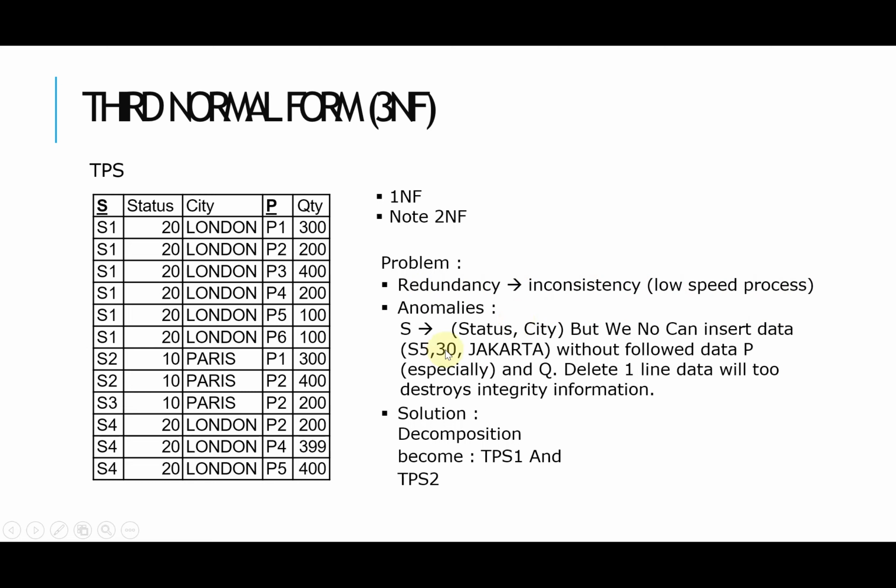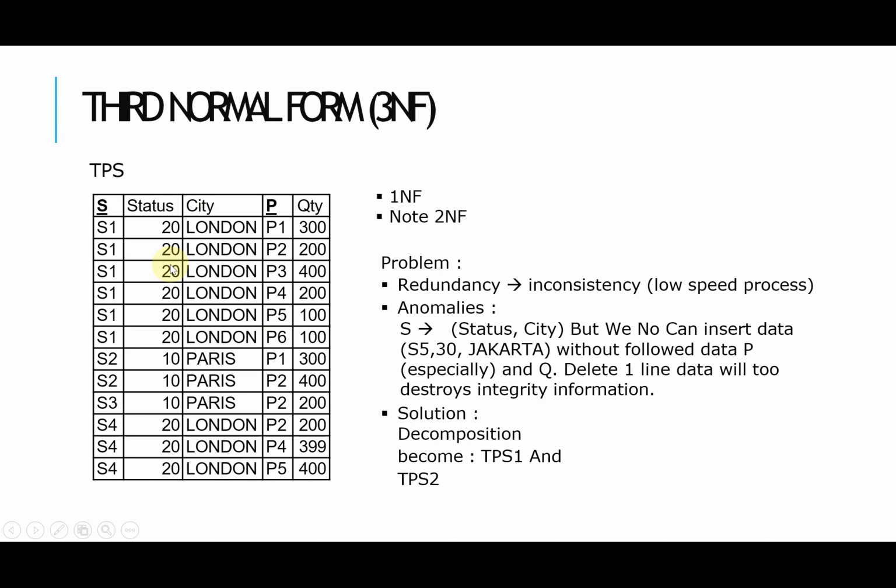Okay, anomalies. S is determinant to the status of the city, but the P is not a determinant to the S. Okay, so just key quality to determinant to the P. Okay, the solution is to make the decomposition or split into two tables.